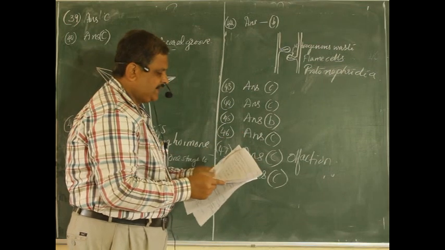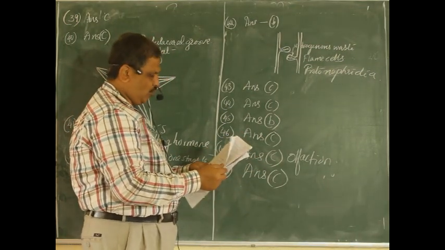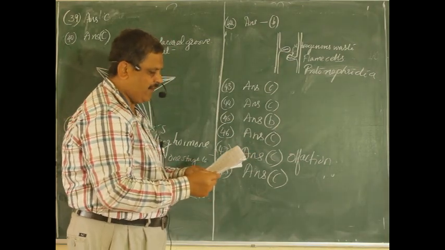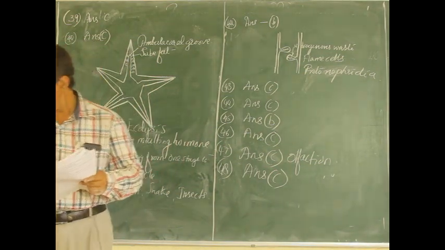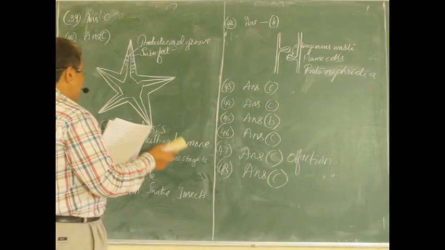Then 49. Statement A: Cephalochordates bear notochord all along the body throughout life. Statement B: Urochordates bear vertebral column only in the tail region throughout life. Choose the correct option.